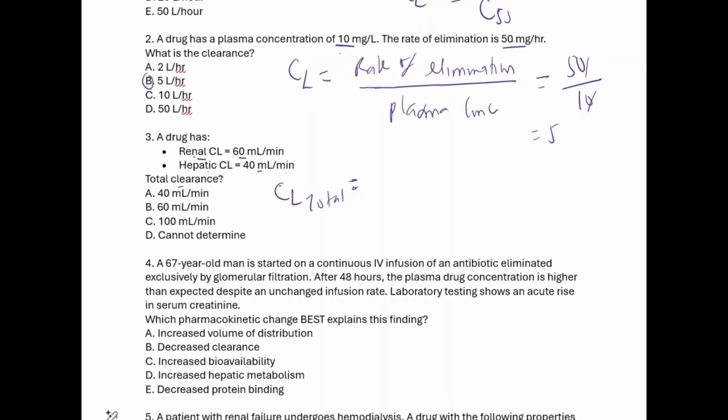So for this question, our total clearance is going to be the clearance by the renal system plus the clearance by the hepatic system. The renal is 60. We're going to add that to the hepatic, which is what? 40. And when we add that together, that will give us what? 100 milliliters per minute. So the best answer will be C.